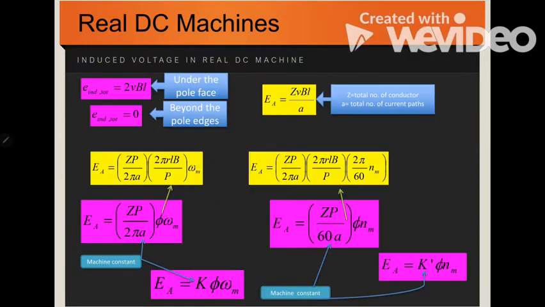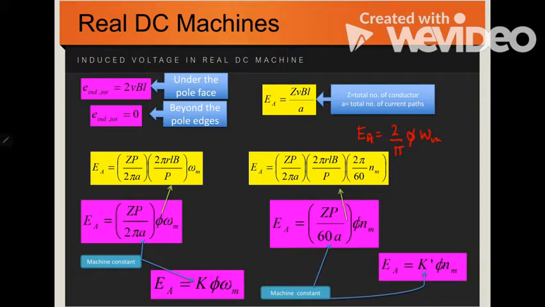So the induced voltage is here. We know that EA, in the case we computed previously for a single coil, is 2 over pi times flux times omega m.